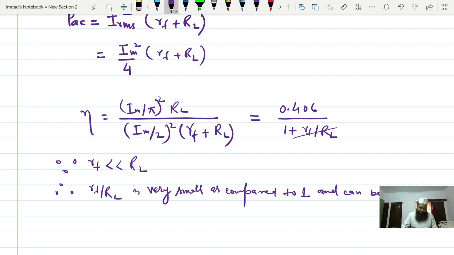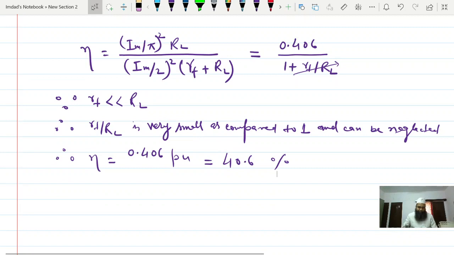Therefore efficiency can be found as 0.406 per unit or 40.6%. We can see the efficiency of a half-wave rectifier is only 40%.